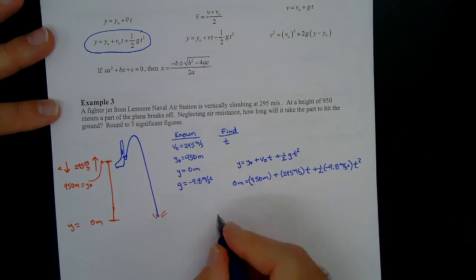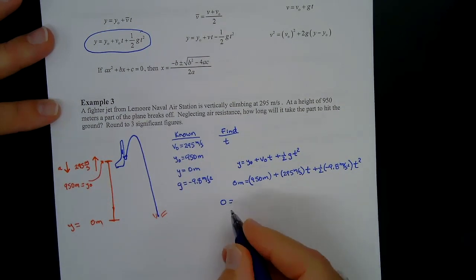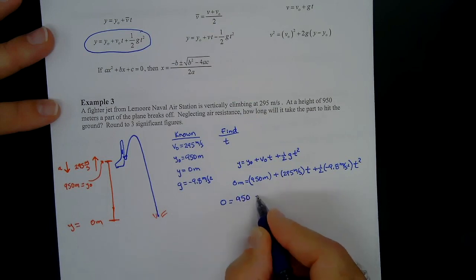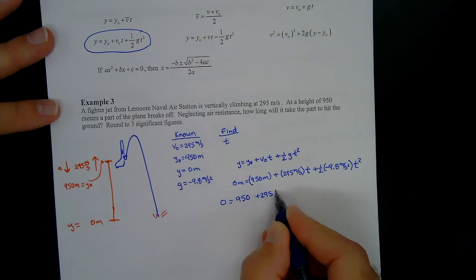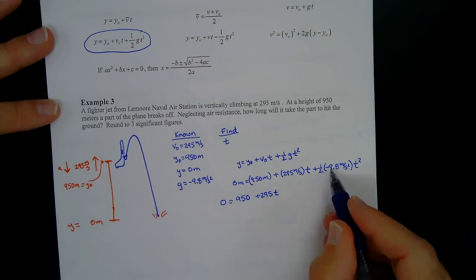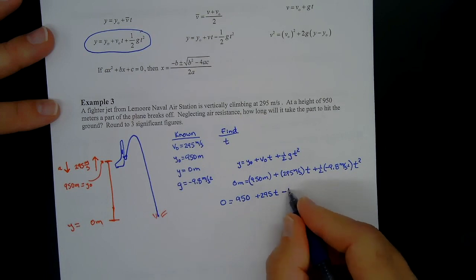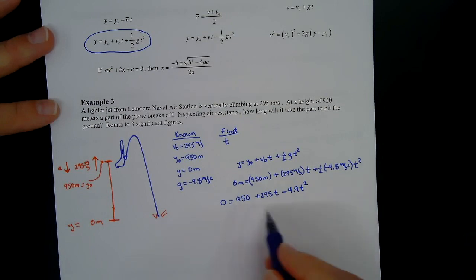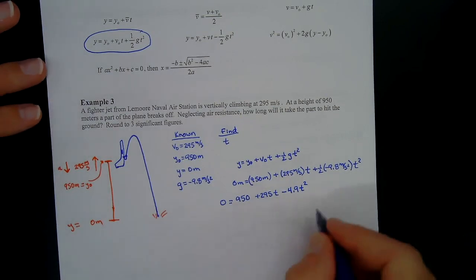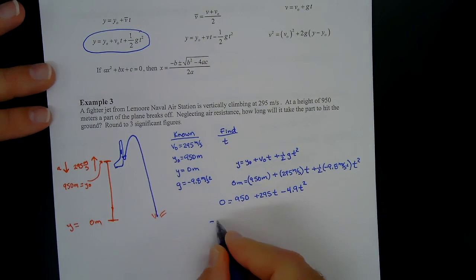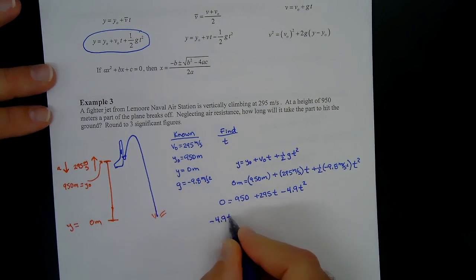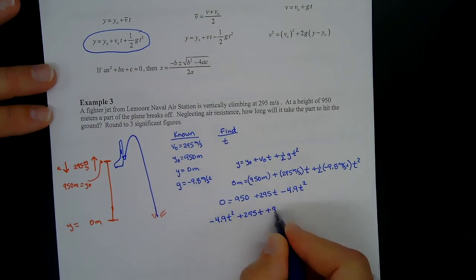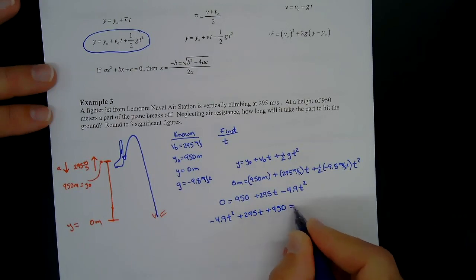So this left side is just 0, is equal to 950 plus 295 times t. Once again, half of negative 9.8 is negative 4.9, so minus 4.9 t squared. Rearranging the terms so the t squared is first and zero is on the right-hand side, this becomes negative 4.9 t squared plus 295t plus 950 is equal to 0.